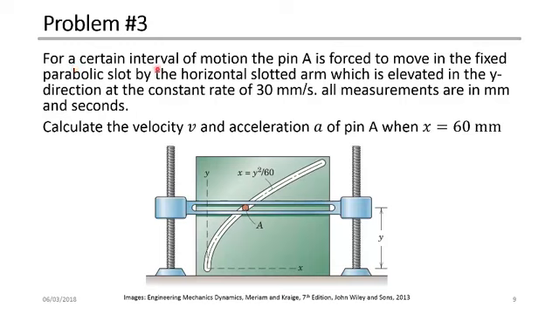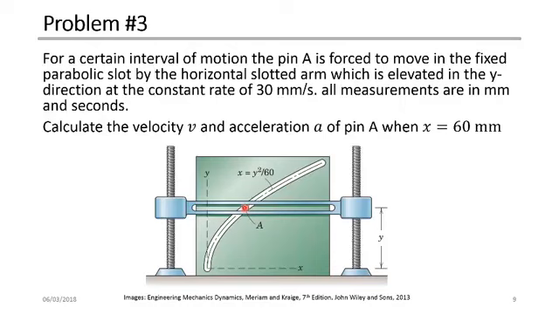So for a certain interval of motion, the pen A is forced to move in the fixed parabolic slot by the horizontal slotted arm, which is elevated in the y direction at the constant rate of 30 millimeter per second. So we see that the arm here moves in the vertical direction with a constant speed.